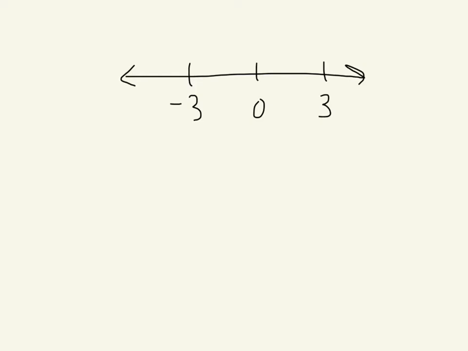Okay, so let me pick a new color. So we had a boundary point at -3, a boundary point at 5/2, and we ended up shading this way and that way. So I would love some help just writing this solution in interval notation. And this would be our step 5, by the way.